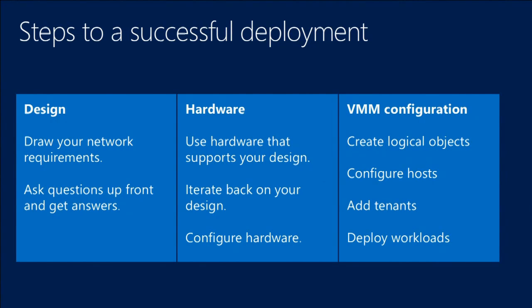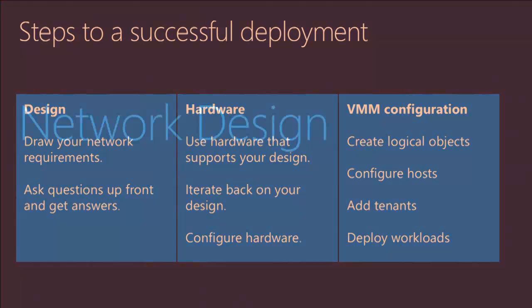And then you may have to iterate back on your design if there are some limitations imposed by the hardware and some of the optimizations. And then finally, once you have all that ready, you can go into VMM and actually model these objects, these networks, configure your hosts, and actually create tenants that can use the network and deploy their workloads. So it's really the last step is the VMM configuration. If you do everything else up front, then VMM is actually pretty easy to model that design.